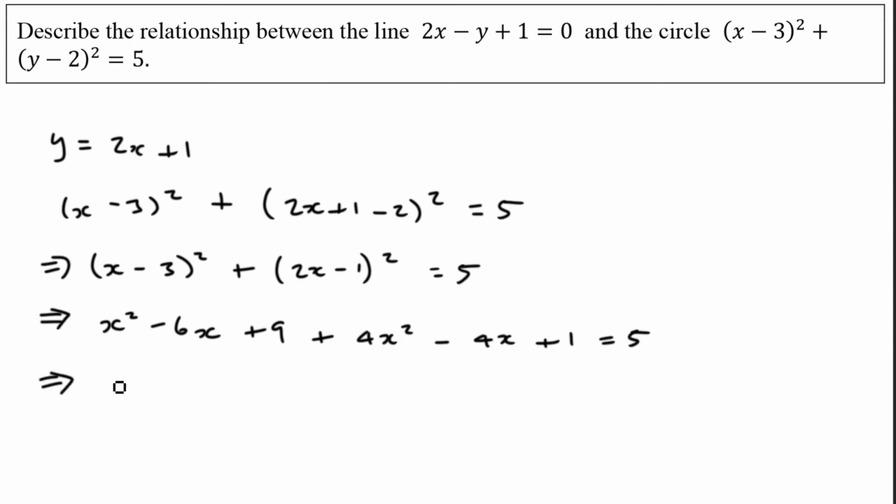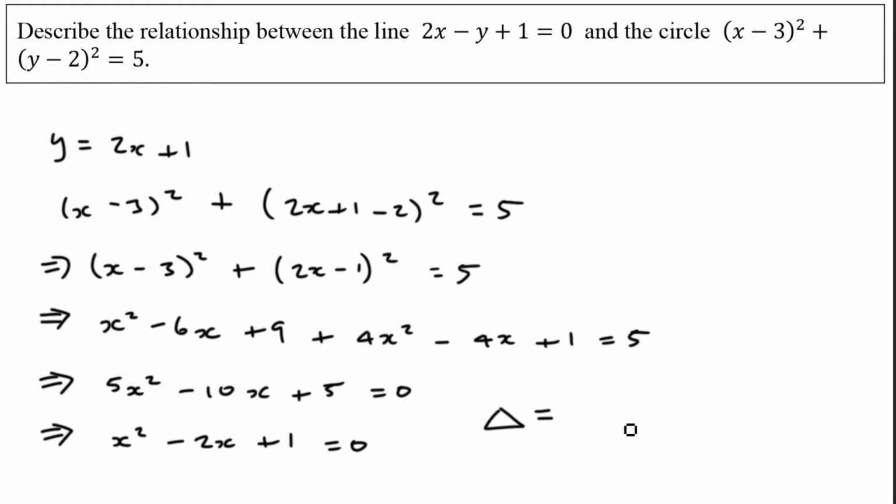Combining terms, we have 5x squared subtract 10x plus 5 is 0, and it will be easier to deal with this if we divide through by 5, giving us x squared subtract 2x plus 1 is 0. Now let's check the discriminant of that quadratic.